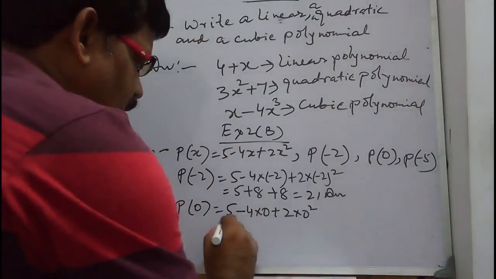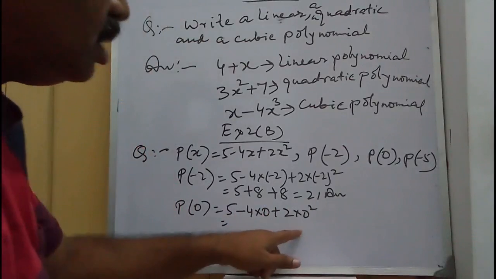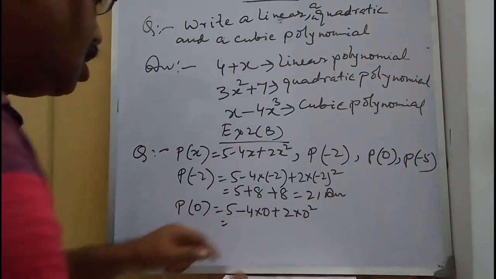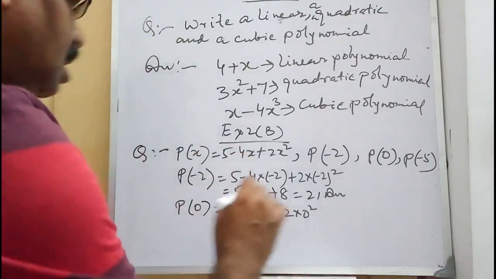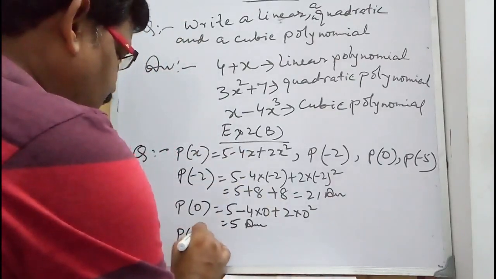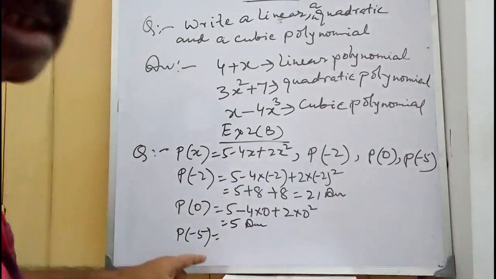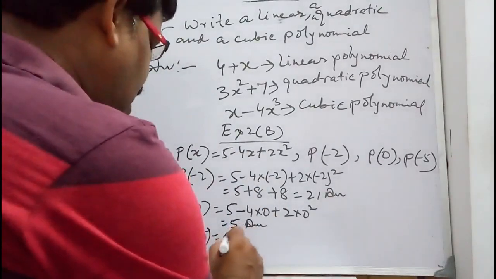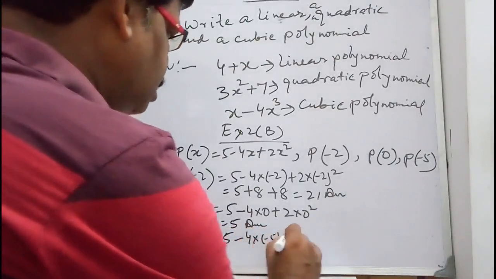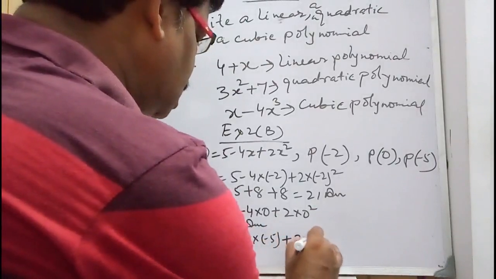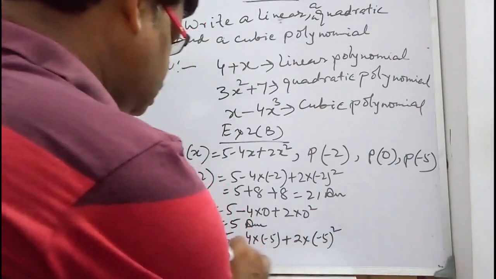Next, p(0), so in place of x write 0: 5 minus 4 into 0 plus 2 into 0 square. So 4 into 0 is 0, 2 into 0 square also 0, so only 5 left, so 5 is the answer. Next, p(-5). So in place of x write minus 5: 5 minus 4 into minus 5 plus 2 into minus 5 square.